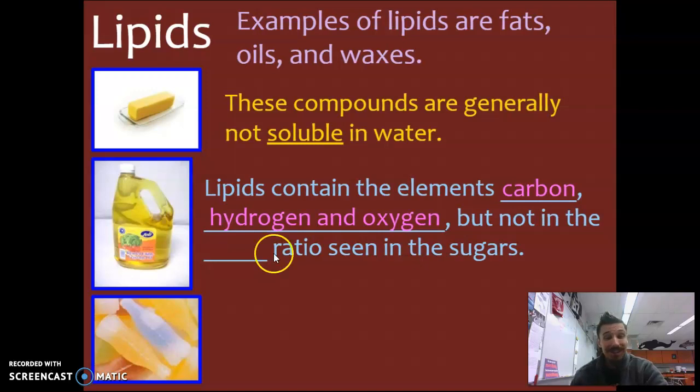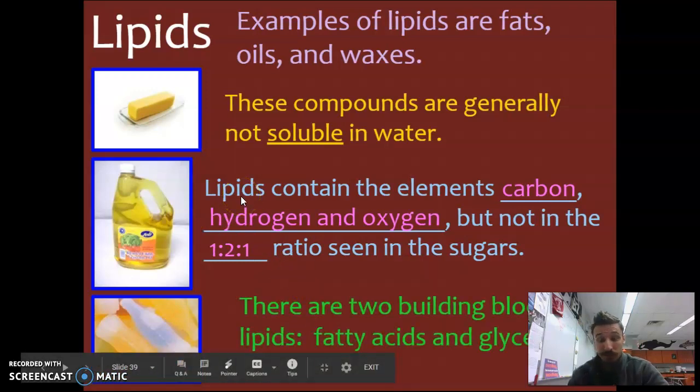But we do not see that ratio in lipids. We only see that in carbs. So the fact that we don't see this ratio in lipids gives these macromolecules different properties that carbohydrates don't have, so therefore they are different.